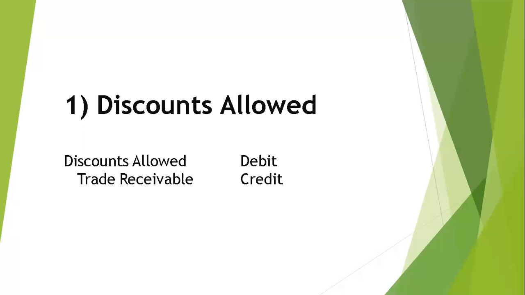So when we are allowing discounts, we should know that discounts allowed is an expense. From the point of view of A Limited, when I'm allowing the discounts, the expense is going to increase. At the same time, asset is going to decrease.